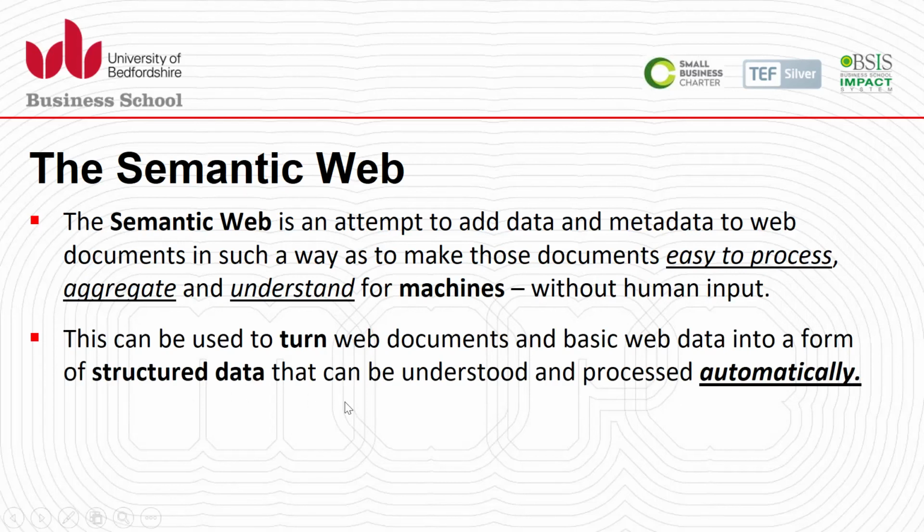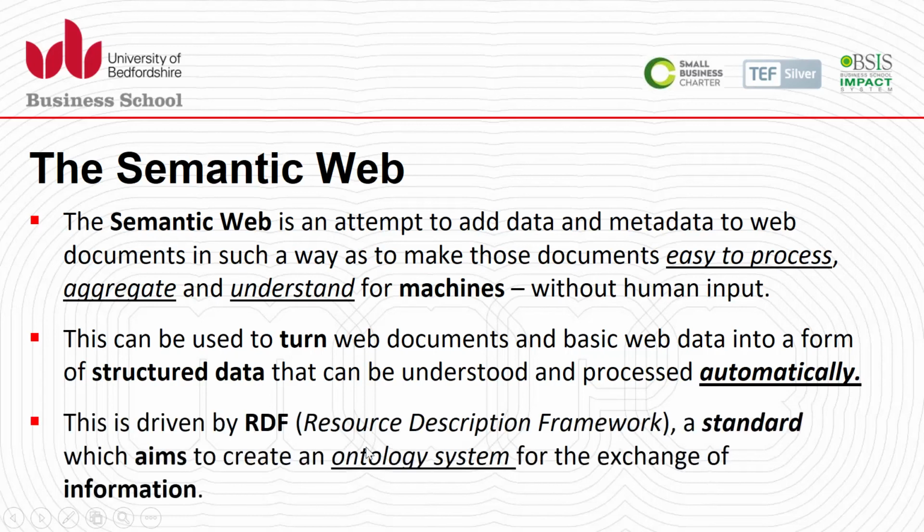This can be used to turn web documents and basic web data into a form of structured data that can be understood and processed automatically. However, this is driven by the RDF, Resource Description Framework, as a standard which aims to create an ontology system for the exchange of information.